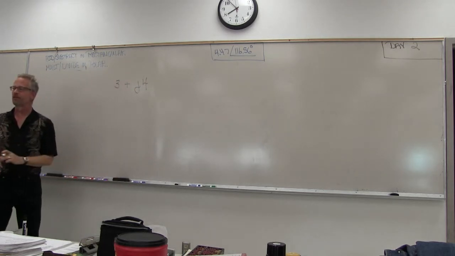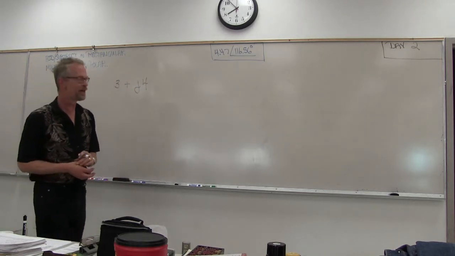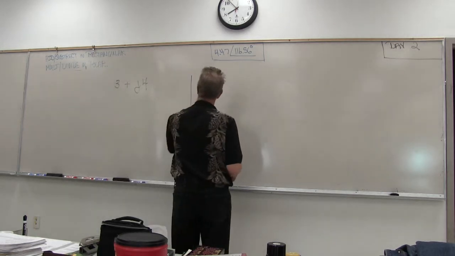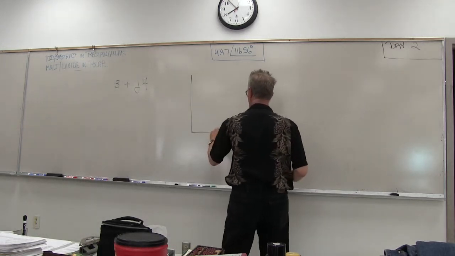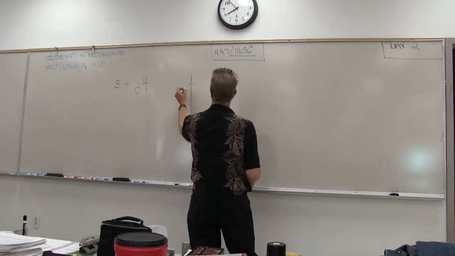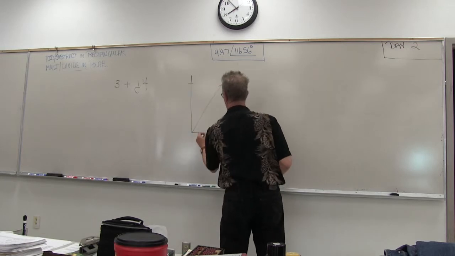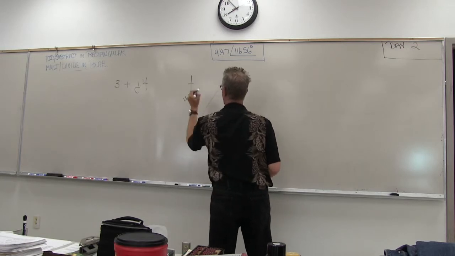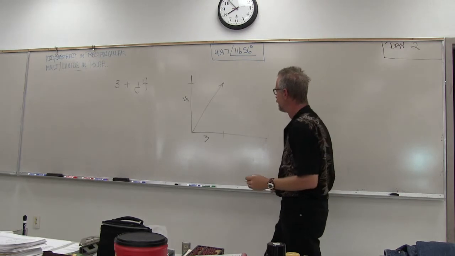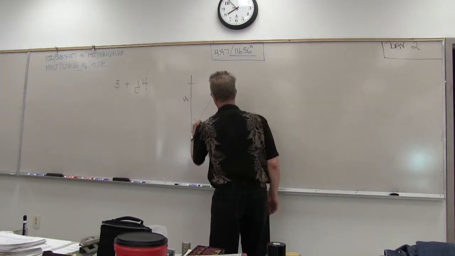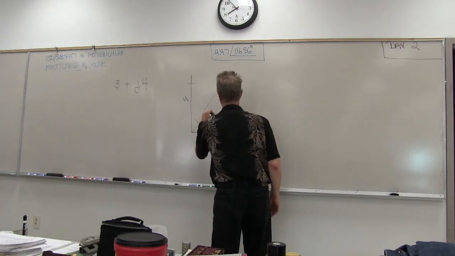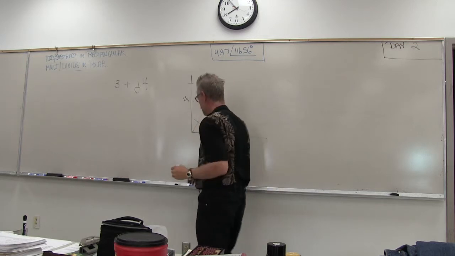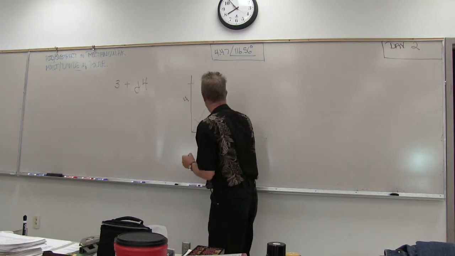Let's start out with 3 plus J4 because we know what that's going to look like. We did that one yesterday. 3 plus J4 looks like this. And I think we figured out that this is going to be 60-some degrees. I think it's actually going to be 56 degrees or so.